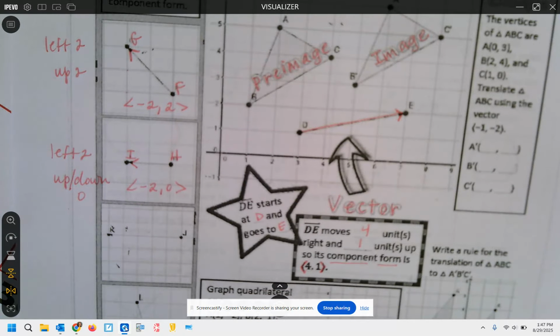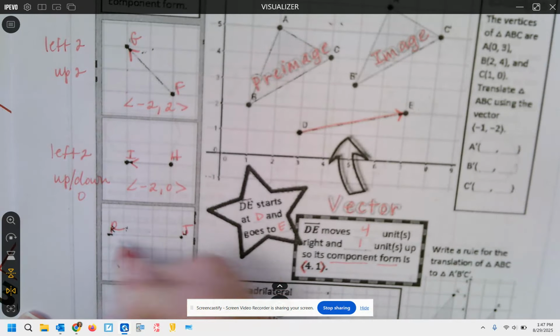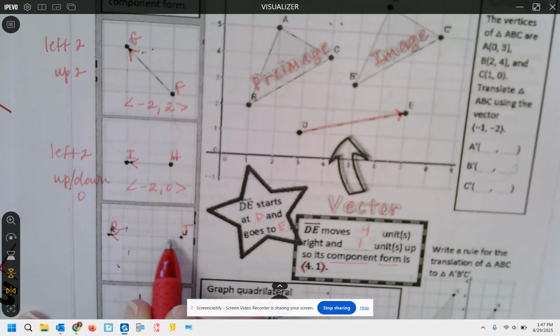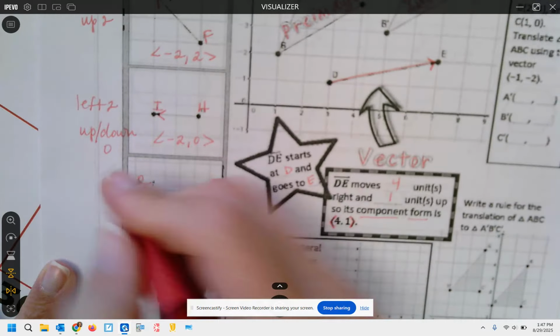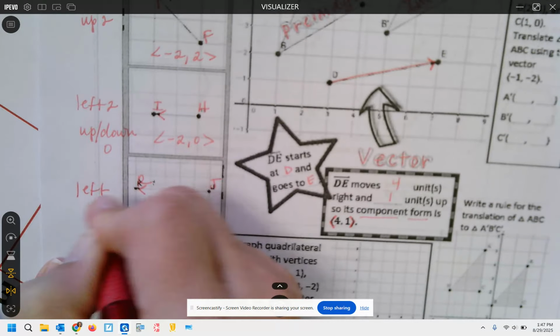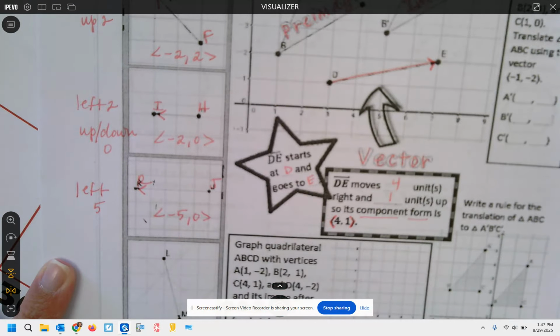For RJ, very similar. This point is R, this point is J. The arrow is pointing from J to R. We're going left 1, 2, 3, 4, 5 units to get from one point to the other, but we're not going up or down. So its component form would be -5, 0.